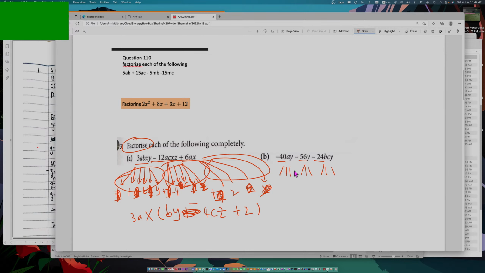Minus 7y. Not 8y, you just took it out? Minus 7, right? If you cannot see, then next time give yourself more space. Close bracket. Yeah, that's it. Simple? Okay, good. So this is factorized.